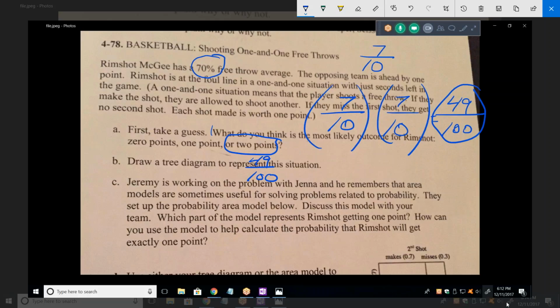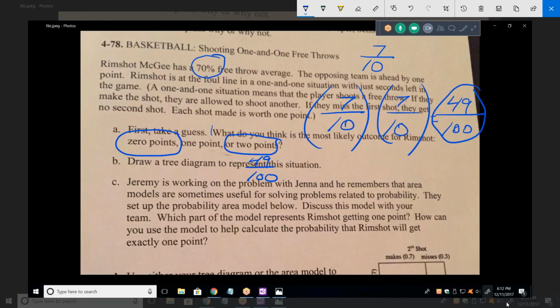What's the odds she's going to make 0 points? Remember, if she misses the first shot, she does not get a second shot. So what's the odds she's going to miss the first free throw?